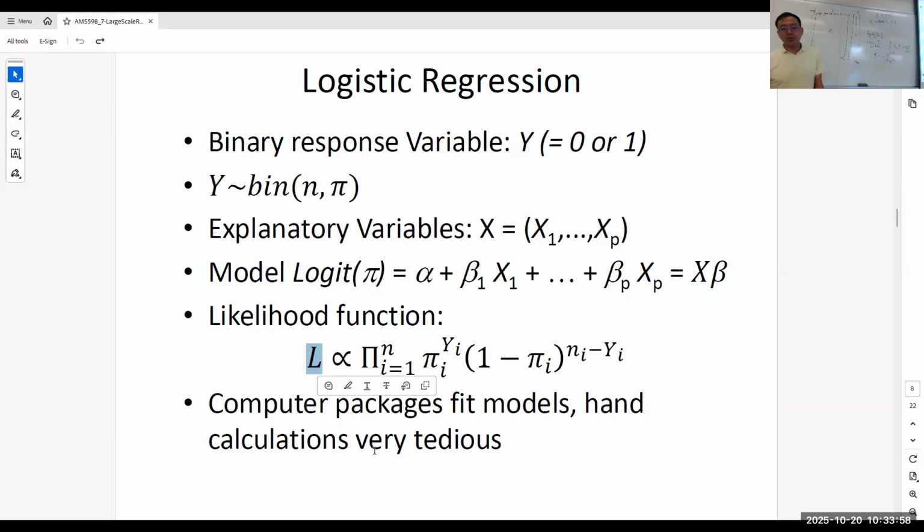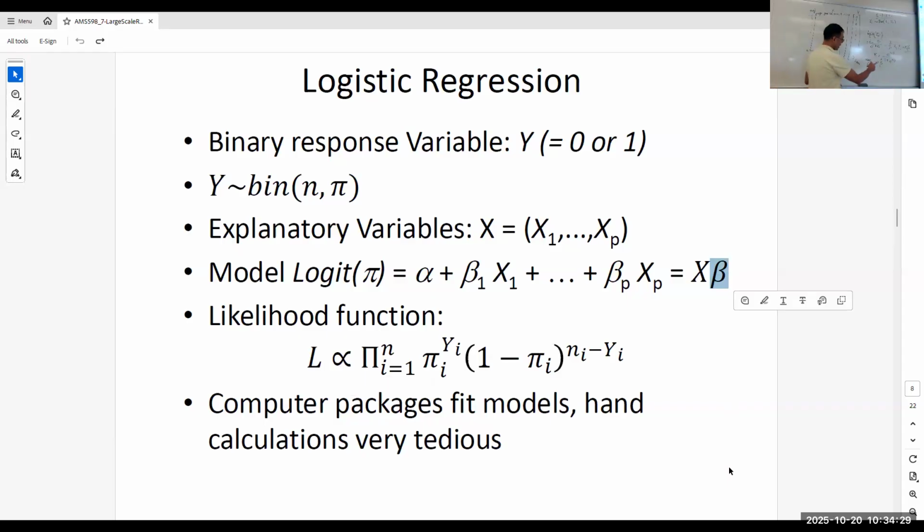So what you want to do is maximize the likelihood function with respect to beta, not with respect to pi_i. Once you maximize L, you have this beta hat. Beta does not have subject i. Beta is common for everybody.